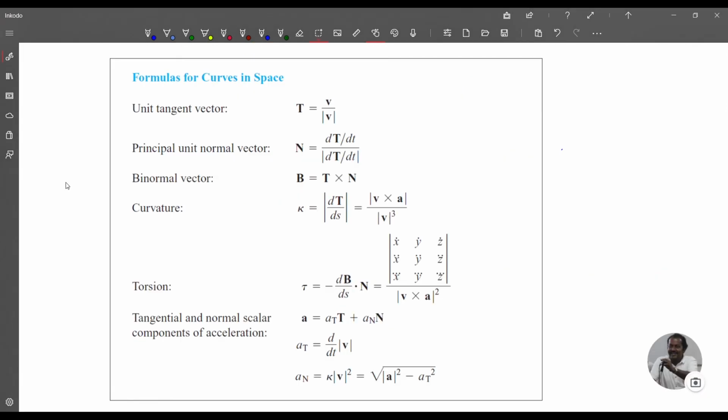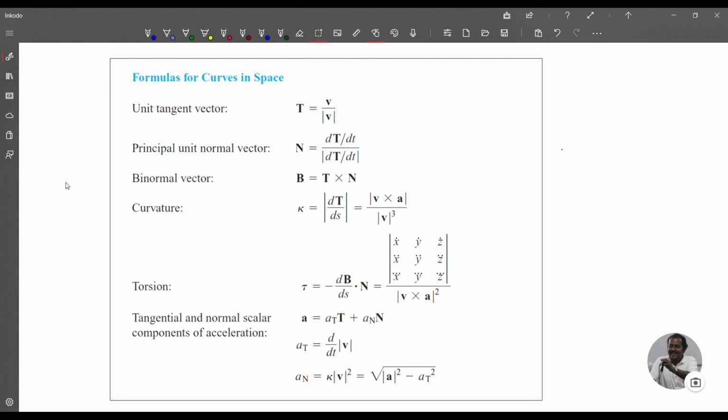Now we can review the formula for curve in space. We have unit tangent vector T is equal to V by modulus of V. Principal unit normal vector N equal to dT by dt divided by modulus of dT by dt.